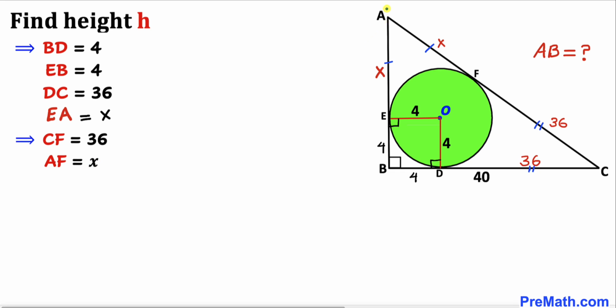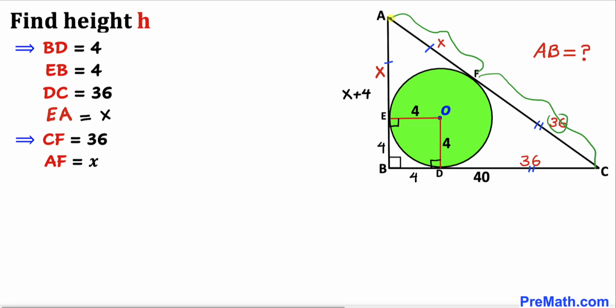And now we can see that this line segment is x, and this line segment is 4 units. So therefore, this whole line segment AB is going to be x plus 4. And moreover, we know that this line segment is x units, and this line segment is 36 units.